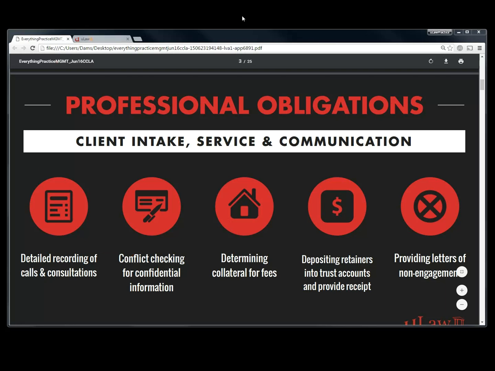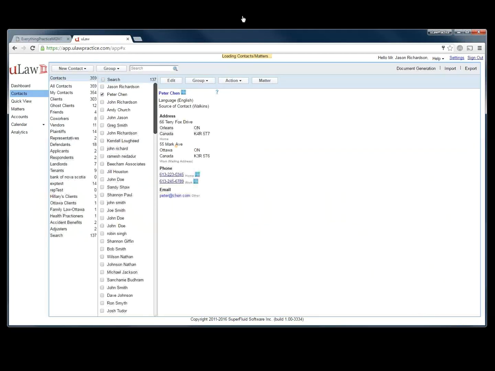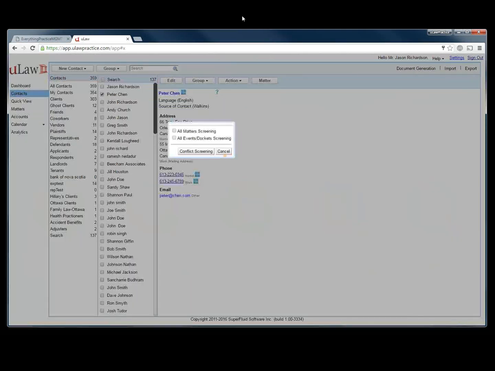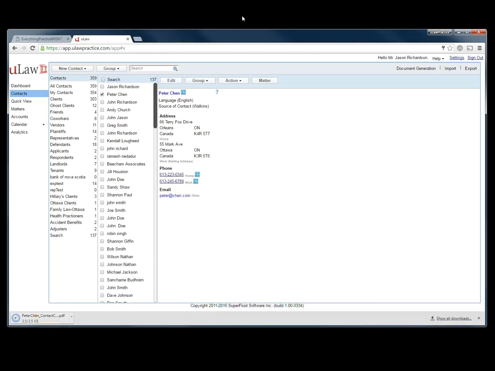Just to give you an example, in this matter, with this client, let's say Peter Chen, when you click on conflict check and do a conflict check, a document preparation like this tells you all the people whom you consulted in the past, who you potentially think are conflicts.